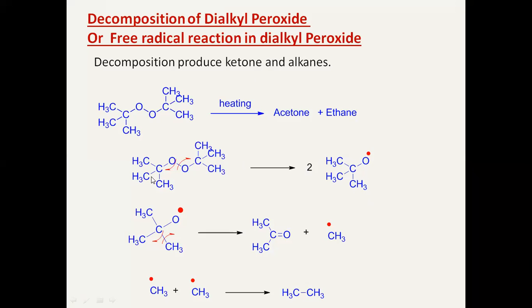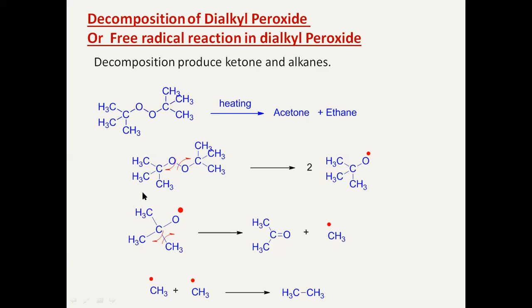Now the next step: this tertiary butoxide radical undergoes cleavage at the tertiary carbon, a carbon-carbon cleavage, and it forms the final product, a carbonyl, meaning ketone, acetone here, and there is a generation of a methyl radical.